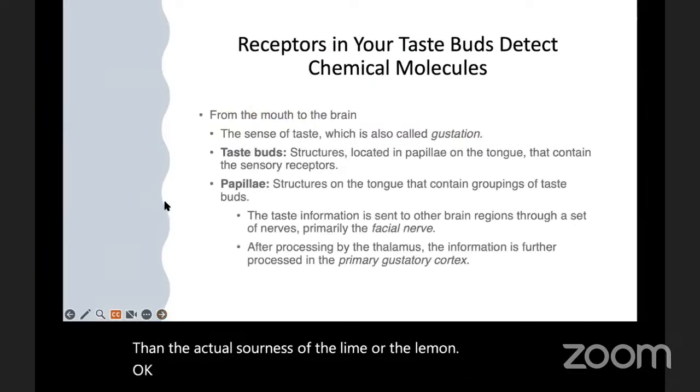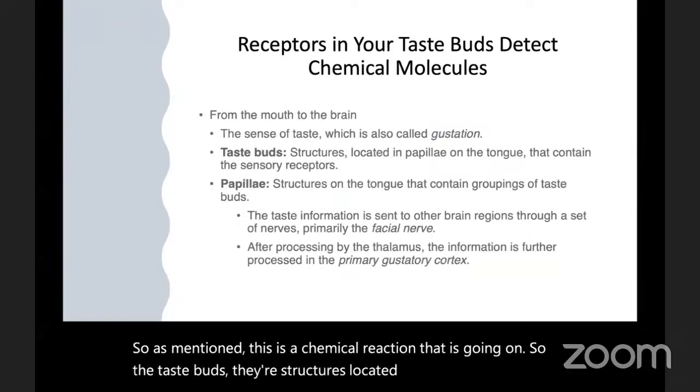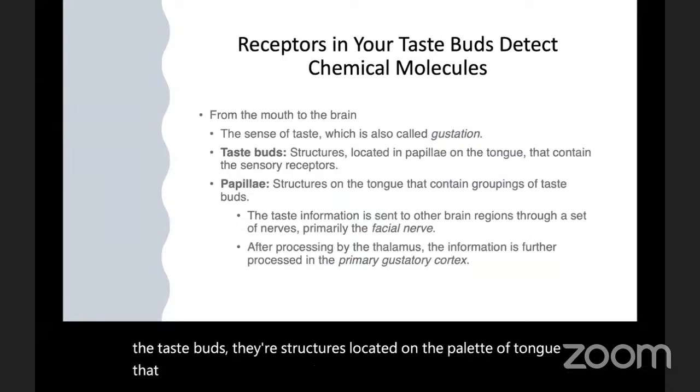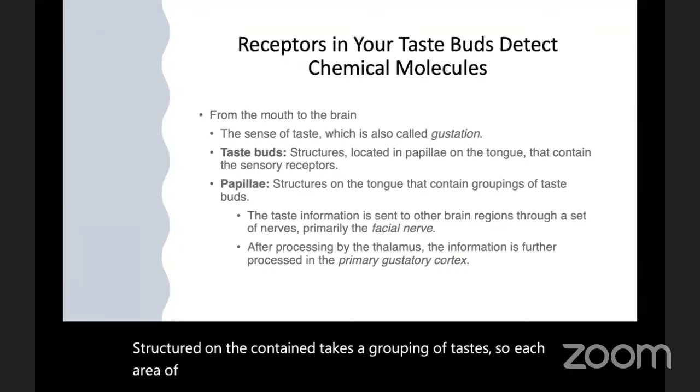Okay. So as mentioned, this is a chemical reaction that is going on. The taste buds are structures located on the palate of the tongue that contain sensory receptors, a grouping of taste. Each area of your tongue responds to a different type of taste, such as sour, sweet, and such.